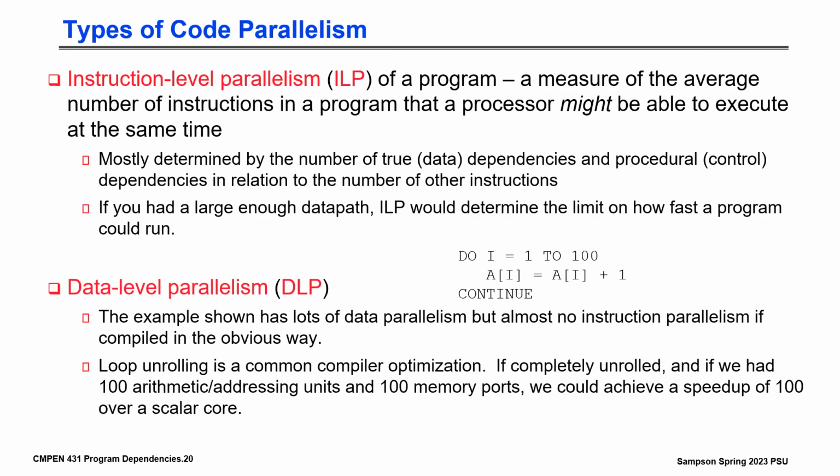A program may also have data level parallelism. So I said, if you have some simple innermost loop, it screams out for SIMD. If I want to add 1 to every element of A from 1 to 100, there's not really any instruction level parallelism as currently written.